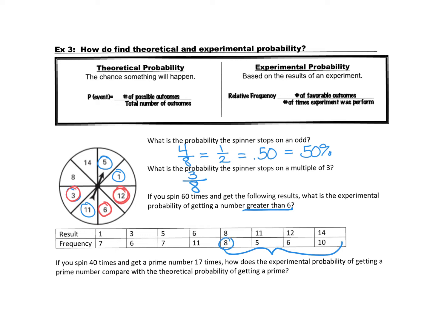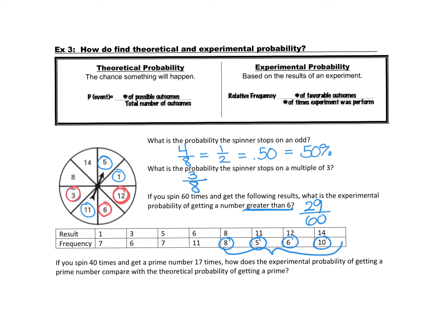This is how many times it landed on an 8. This is how many times it landed on an 11, a 12, and a 10. So we're going to add those up. And when I add them up, I get a total of 29 all over 60. So the experimental probability of getting a number that was greater than 6 was 29 out of 60.